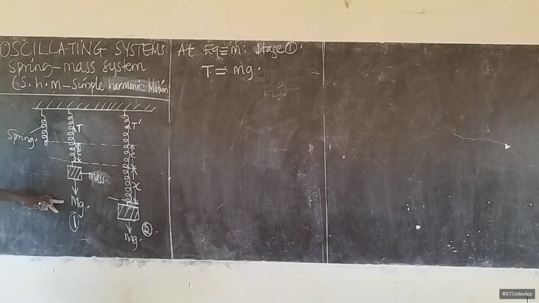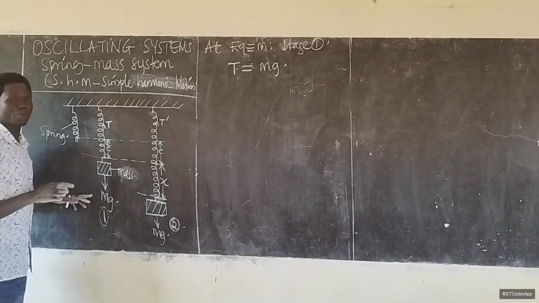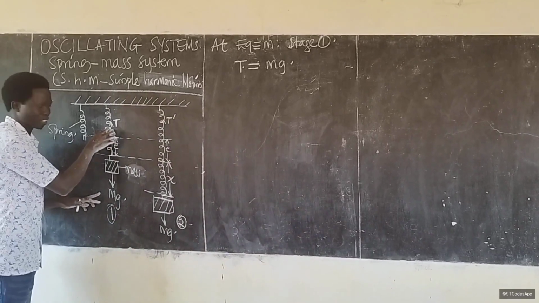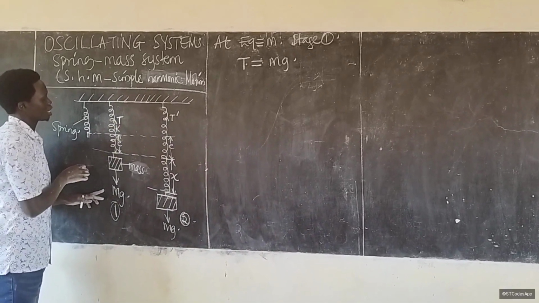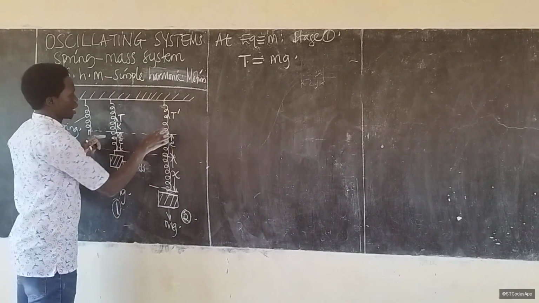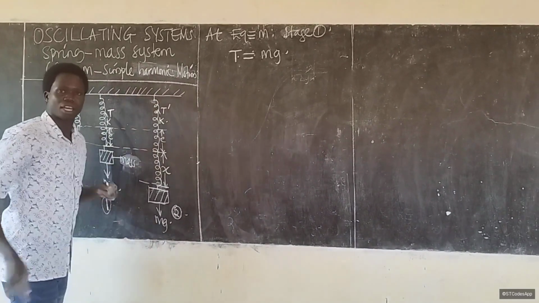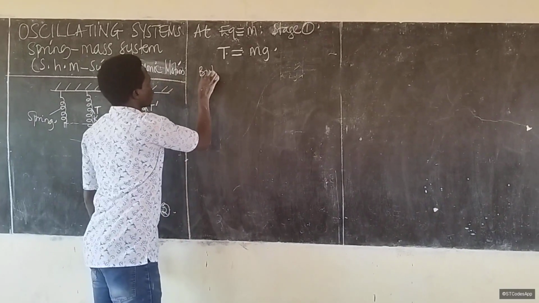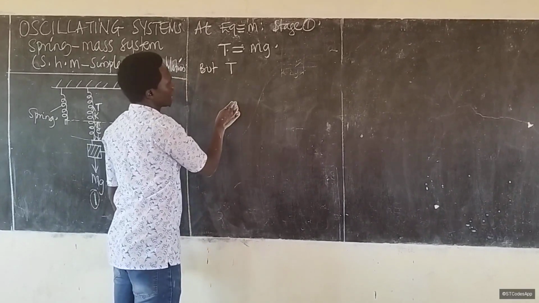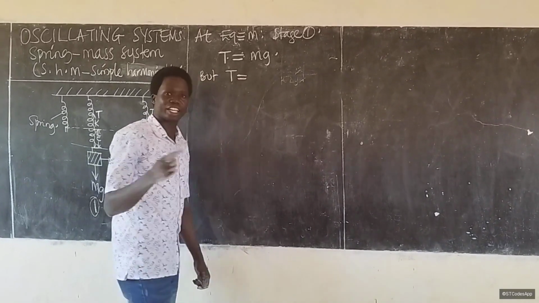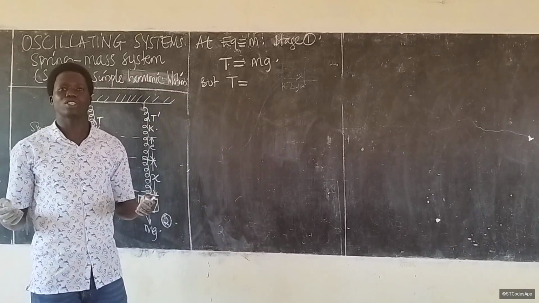That's what we have. But remember, this spring has a force constant, which we call the spring force constant, K. But we have that the tension T is directly proportional to the extension, because the spring itself obeys Hooke's law.